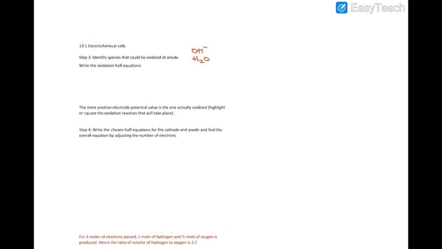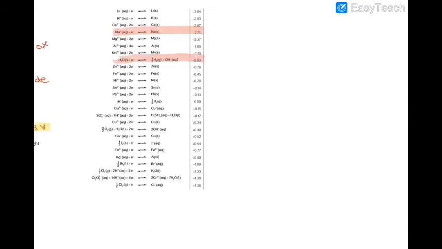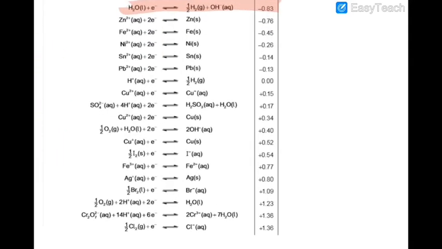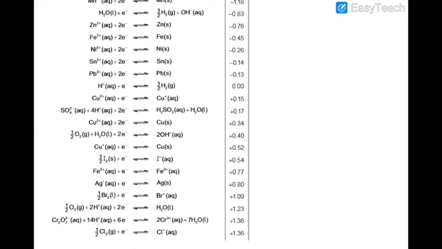Now let's look at the anode. So at the anode, we're going to have OH- and we're going to have H2O. Now we're going to have an oxidation reaction, which means that you're going to be flipping equations. Because we're talking about oxidation of OH-, it means that OH- should be on the right hand side of our equation on the electrochemical series.